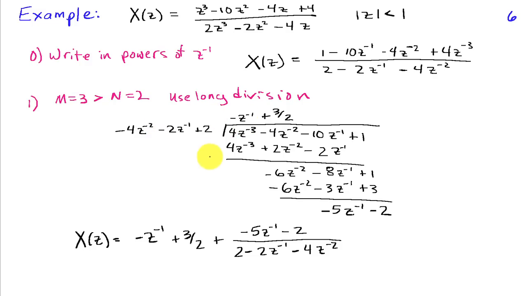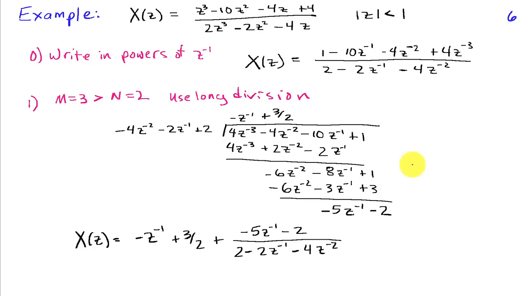When I multiply this through here, I have 4z to the minus 3. Now I have plus 2z to the minus 2 minus 2z inverse. Do the subtraction, and we have negative 6z to the minus 2 minus 8z to the minus 1 plus 1.